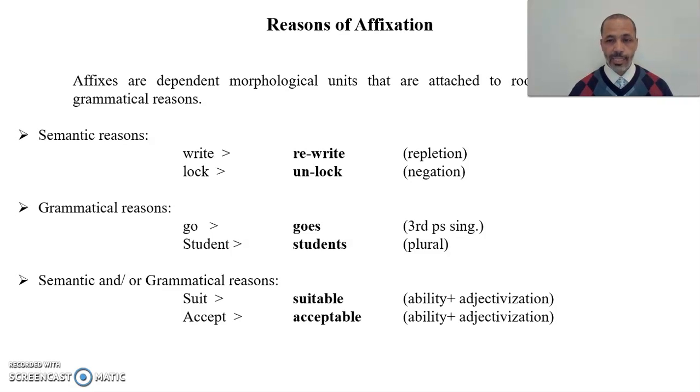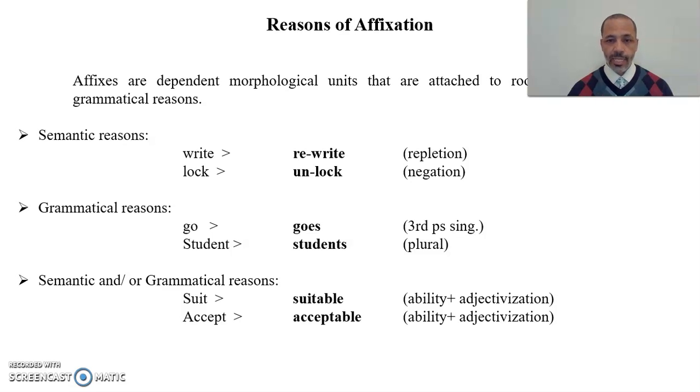The second function of the suffix able is to change the meaning of the word. So you have the verb suit or the verb accept. When you say suitable or acceptable, it's not the same.